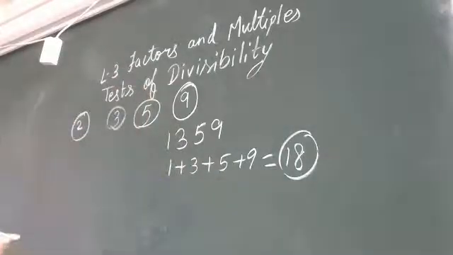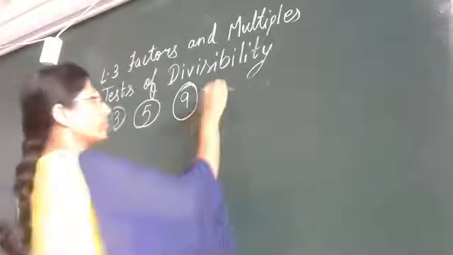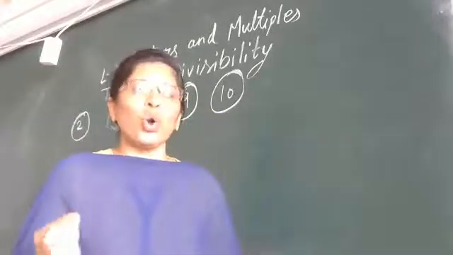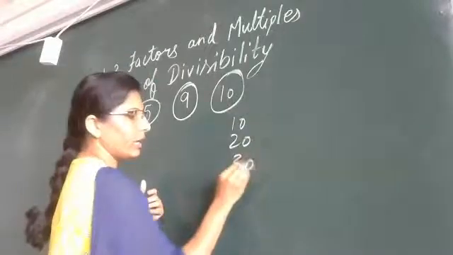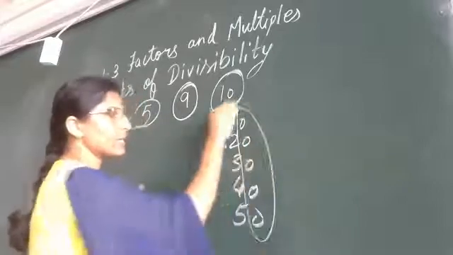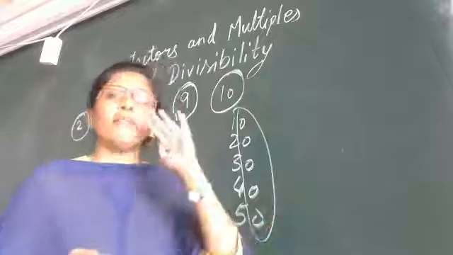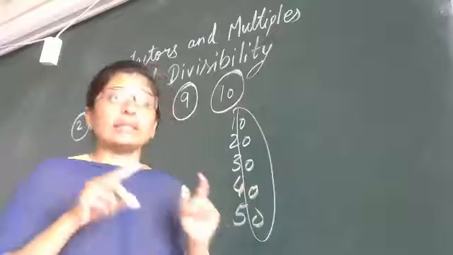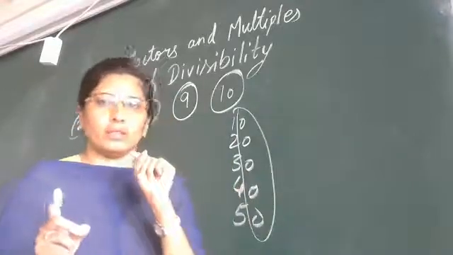Okay. Next is divisibility by 10. Divisibility by 10 is simple. Now you know the 10 table: 10, 20, 30, 40. All of them have 0 in the one's place. So if any number has 0 in the ones place, that full number will be divisible by 10.